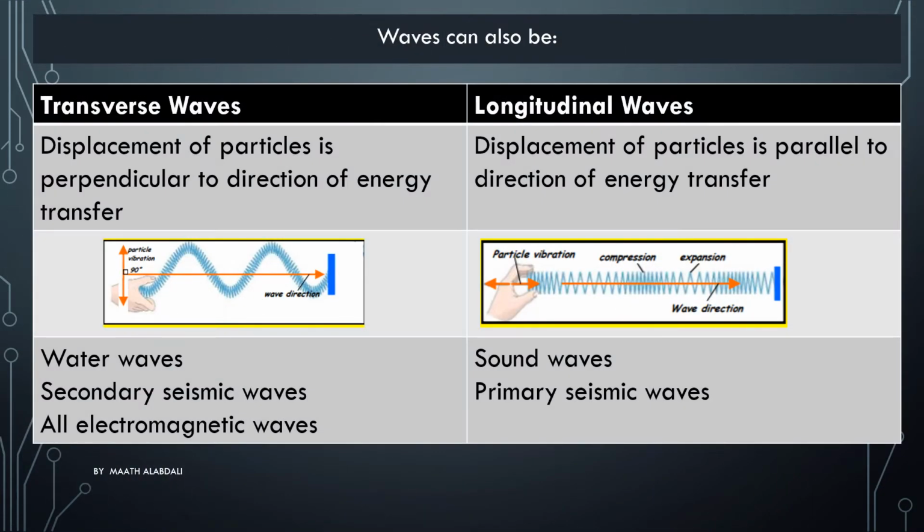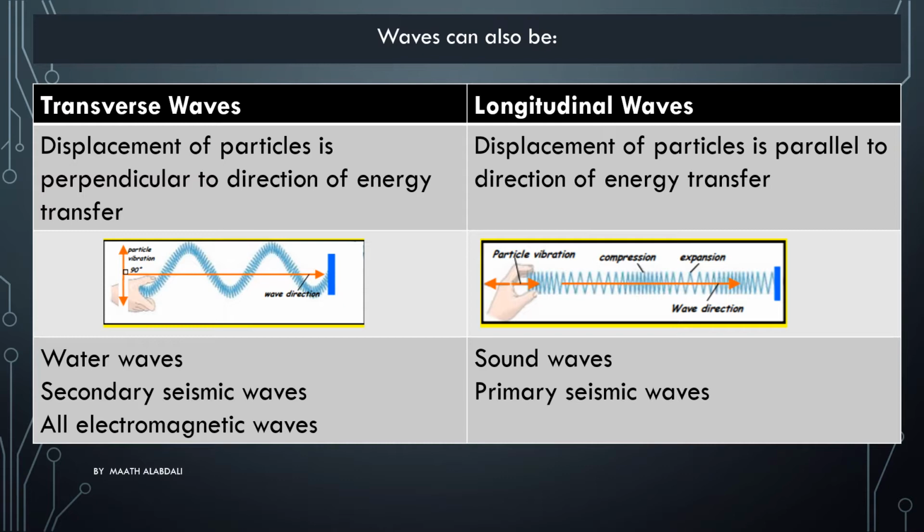Waves can also be transverse or longitudinal. A transverse wave is when the displacement of particles is perpendicular to the direction of energy transfer. Sometimes instead of energy transfer, you can write propagation. So the displacement of particles is perpendicular to the direction of propagation.